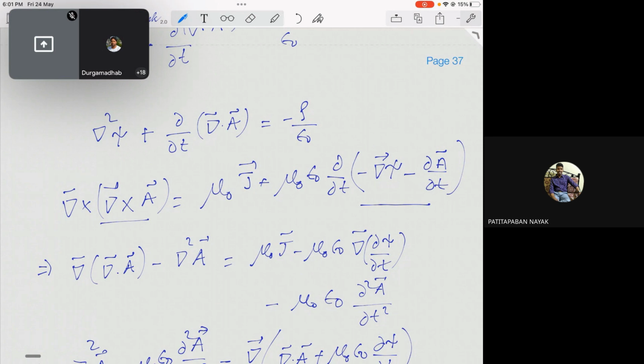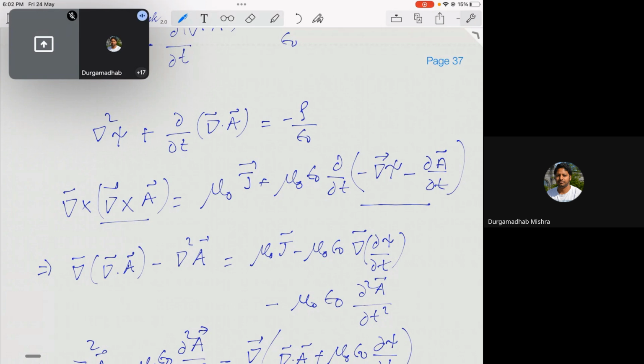So basically, next class we will start electrodynamics. Actually we have already started electrodynamics. This is all electrodynamics that we are doing today. We started with unifying electricity and magnetism in the form of Maxwell's equations, which is the starting point of electrodynamics.